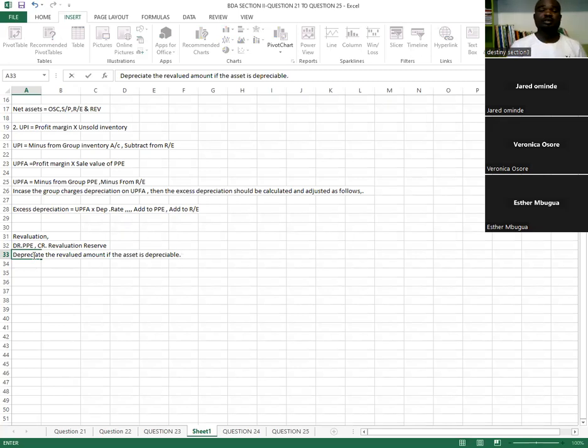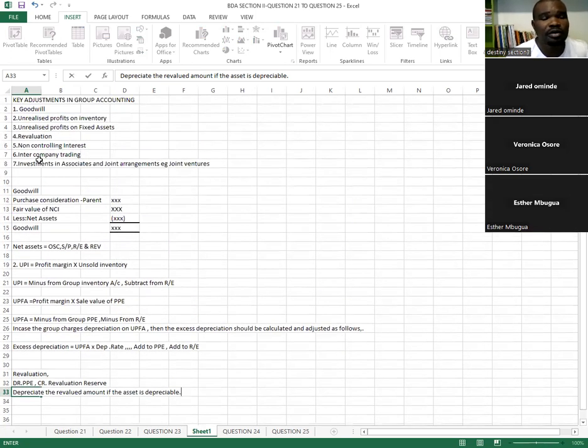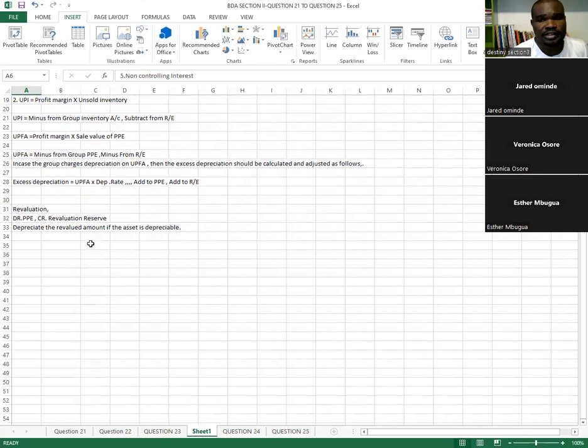So in case the asset is depreciable, you need to charge depreciation on that revalued asset. So revaluation has not many issues at all. So here, let's not waste time. Then we have non-controlling interest, NCI.